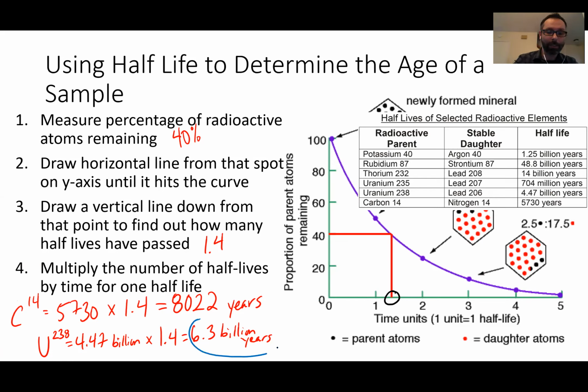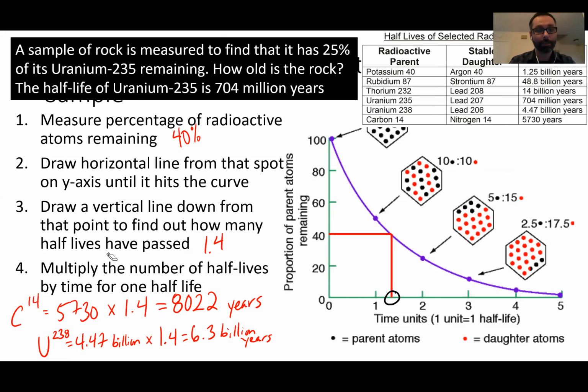Now it would become 6.3 billion years, right? So the table is the same all the time. The math is actually going to be the same pretty much all the time. What changes is which half-life you are using, right? So you use the graph to figure out this number, and then you multiply by the number that we already know, right?